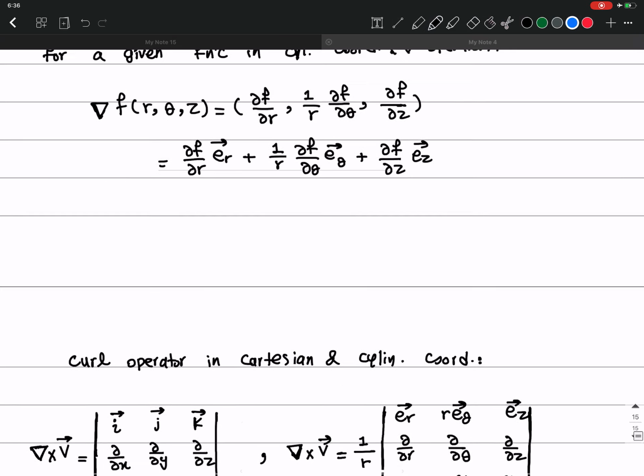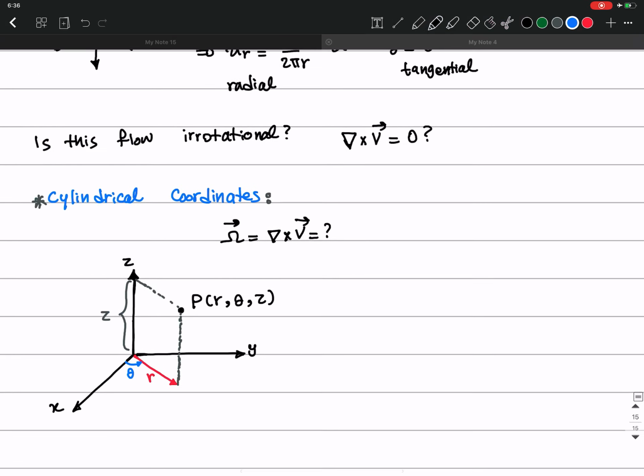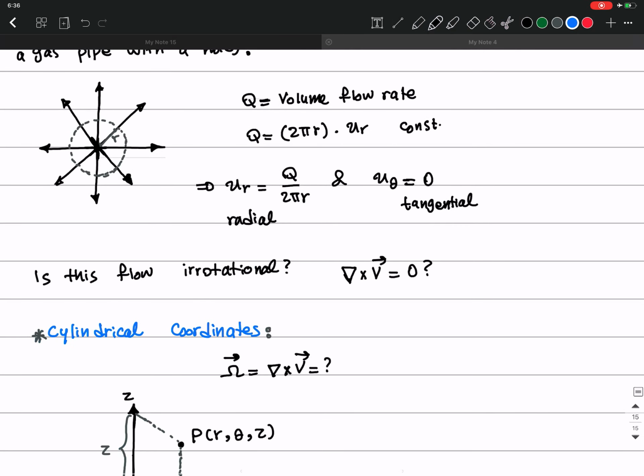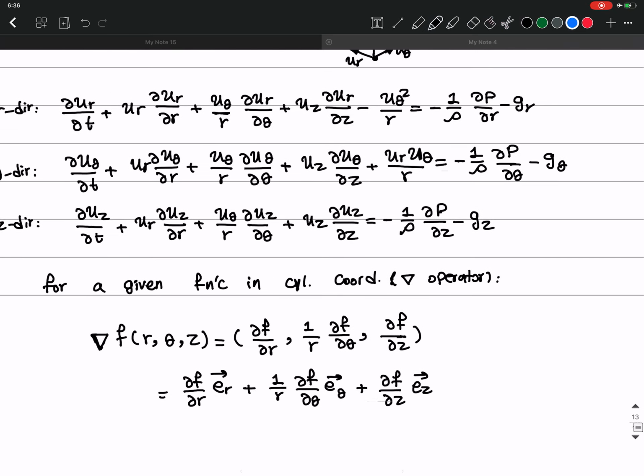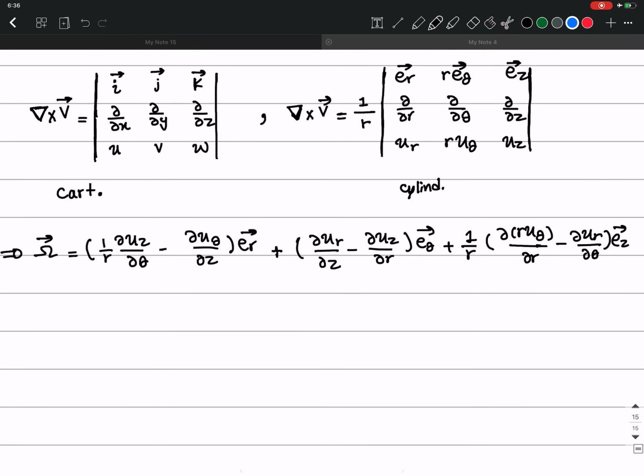So now let's go back to our earlier question and answer this. Is this flow irrotational? For irrotational flow, the vorticity vector should be 0, so the curl of the velocity should be 0, and this means that all these components should be 0.